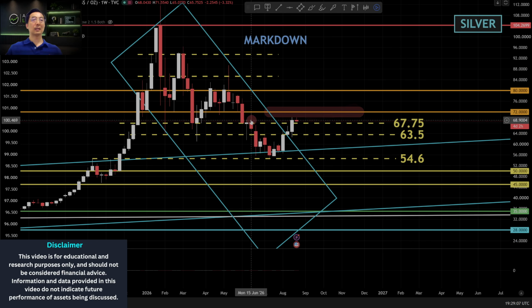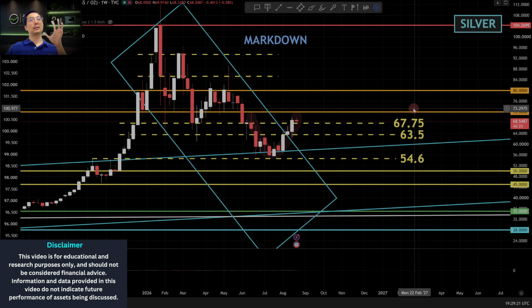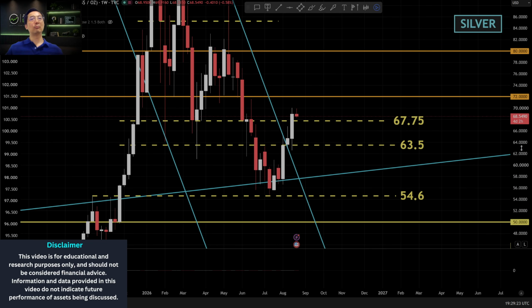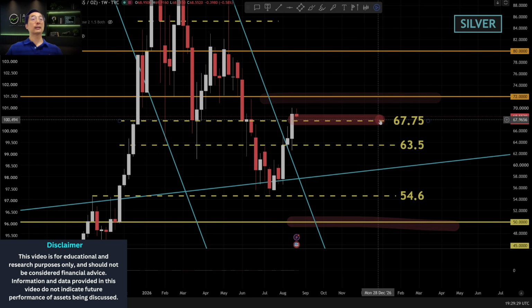Okay, you see this drop from the beginning of June, tested the $72 once, dropped back to $54.60, and now it's coming back to the 72 range. So that's the situation, and the immediate support, other than those key supports we were talking about, is 67.75.